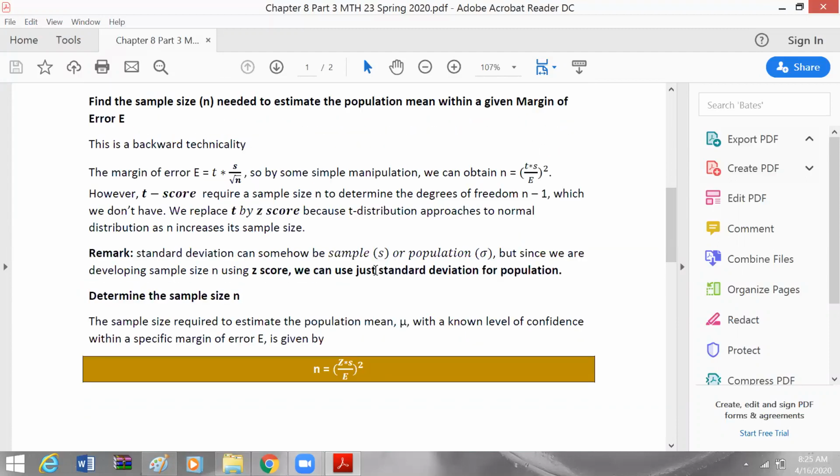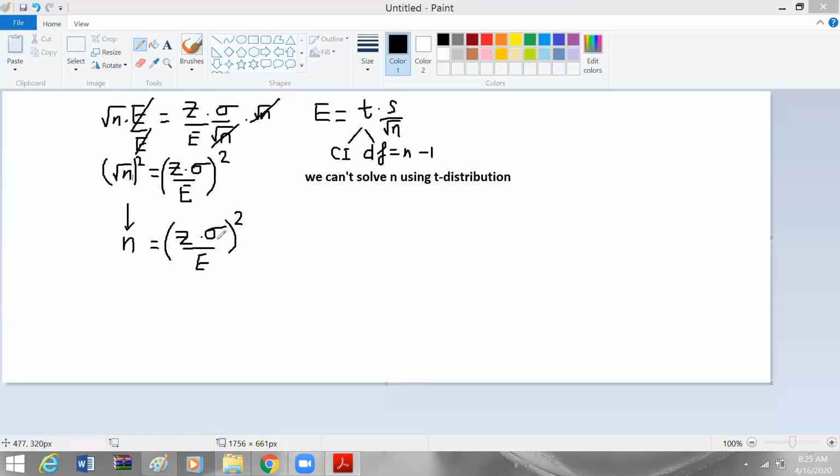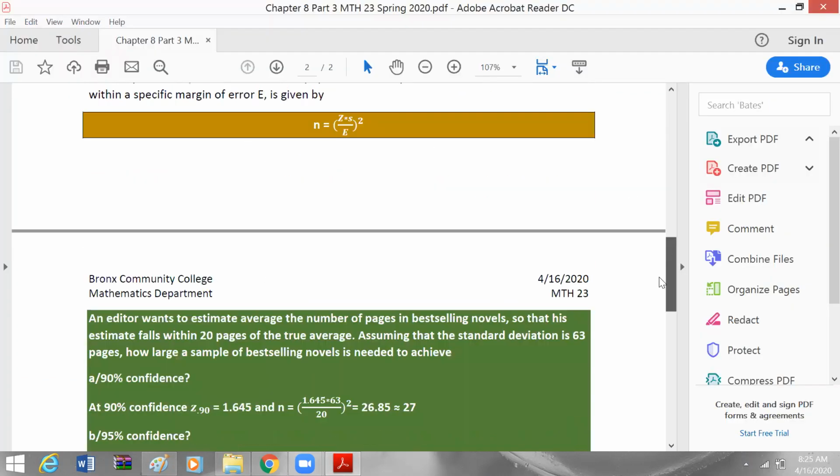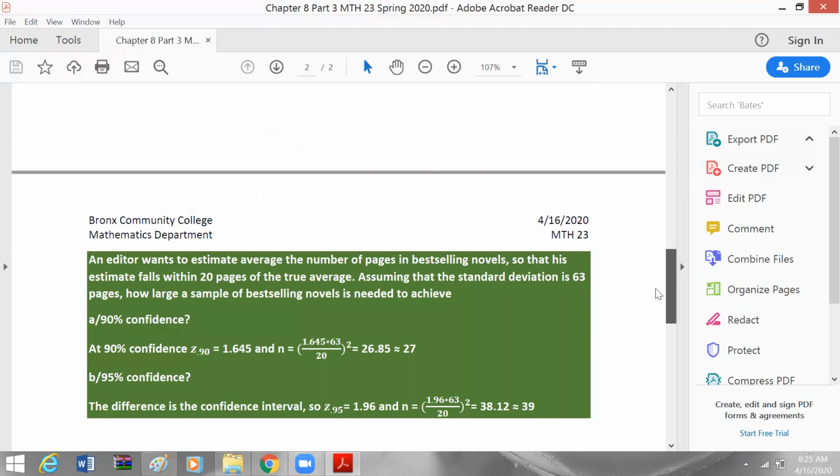Remember that when the question asks us for the sample size, it's always better to use the standard deviation with sigma because we're definitely going to use this form for that part.